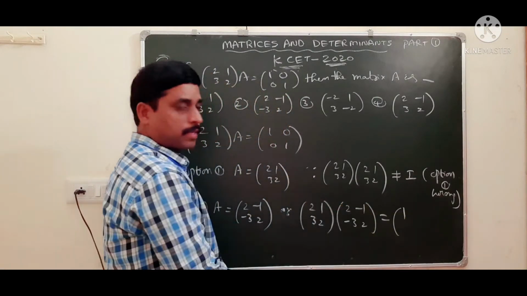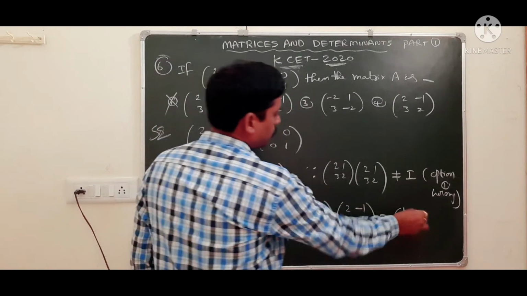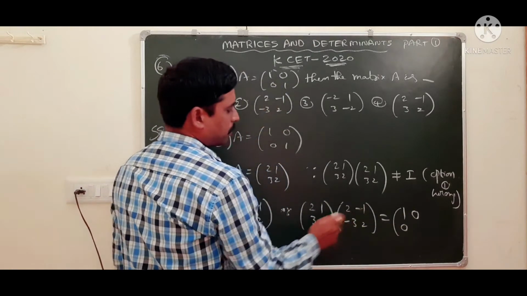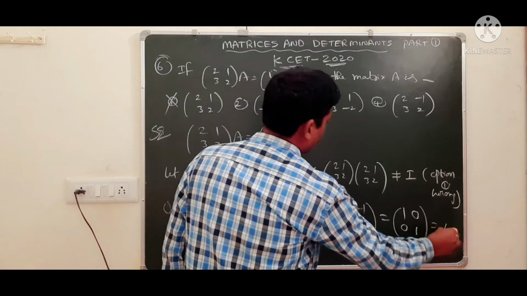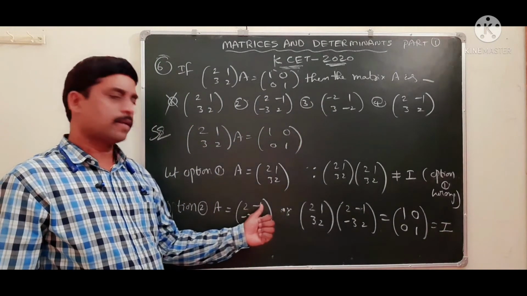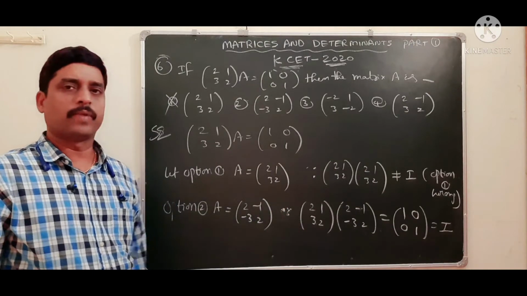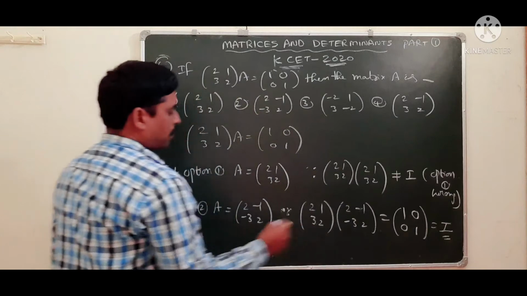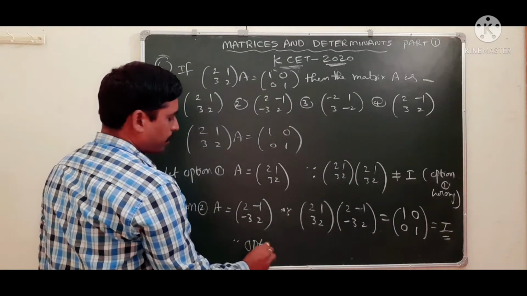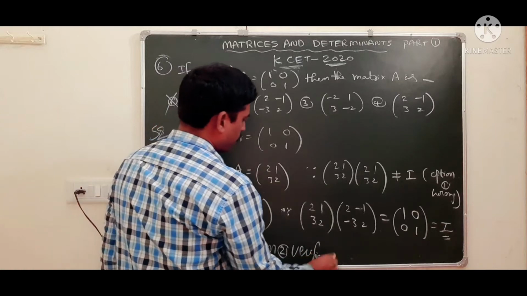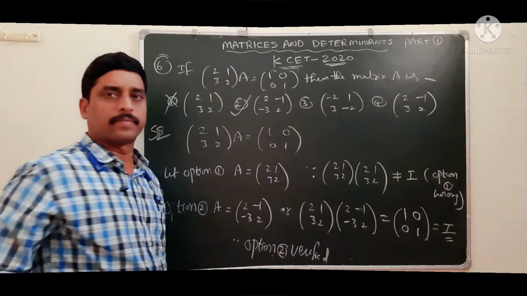First row multiplied with the second column, minus 3 plus 4, 1. This is nothing but the unit matrix. So if A is equal to [2 -1; -3 2], option 2 is verified. We got the unit matrix. So option 2 is the correct answer.